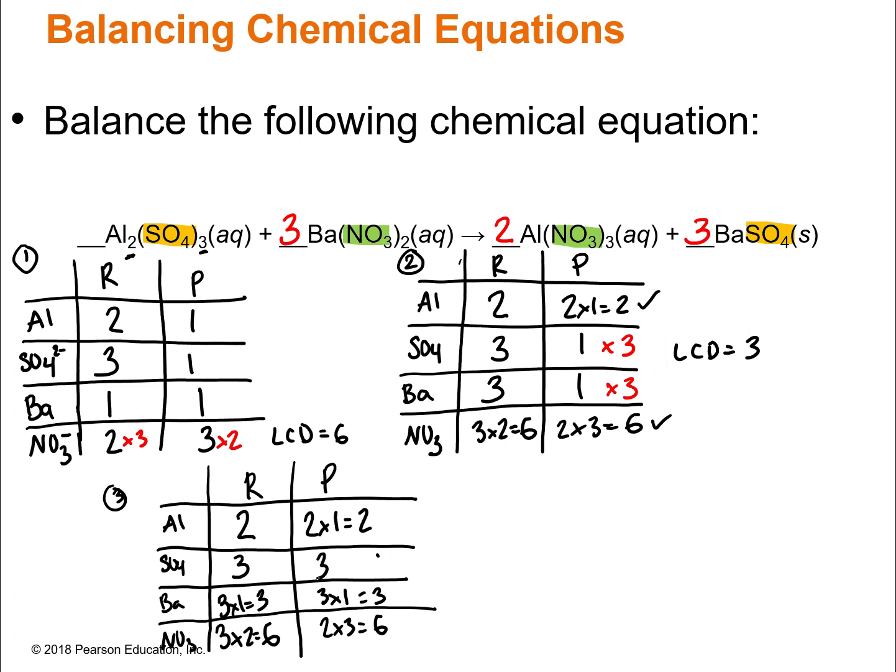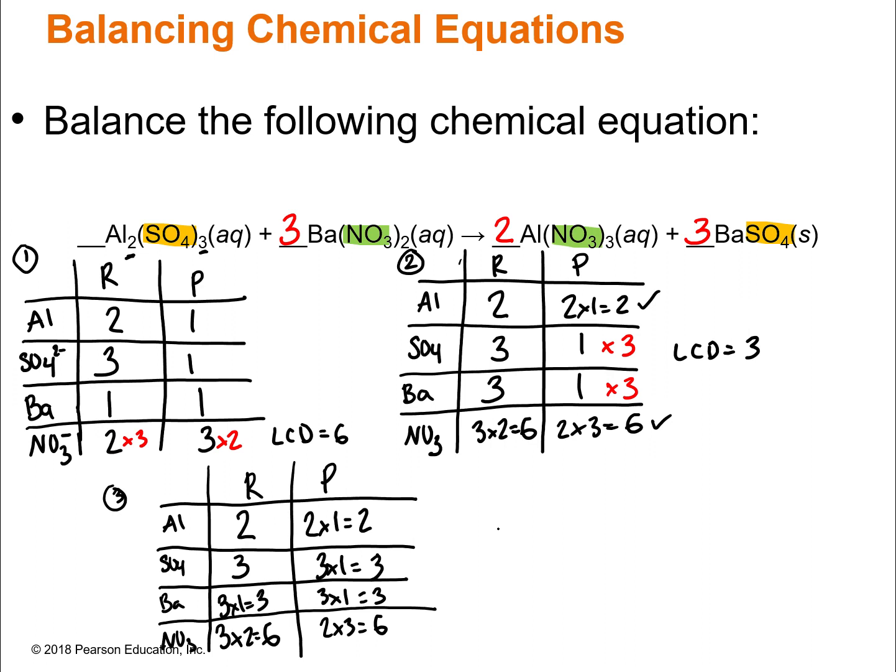And we've got 3 times 1 for our sulfate ion. So 3 and 3, sulfate and barium. It looks like everything checks out. So make sure that your numbers in the reactant column are the same as the products column. If this is true, then you're good to go.